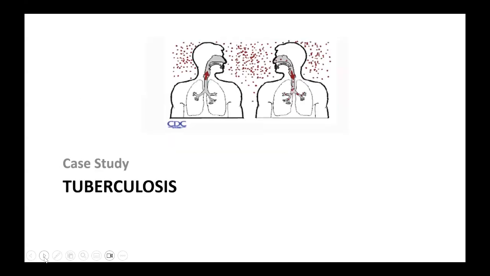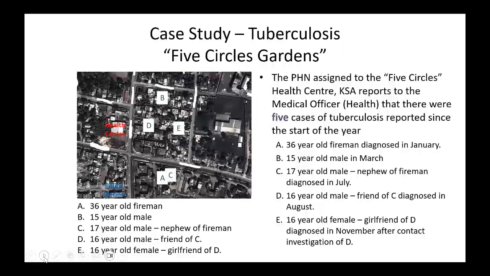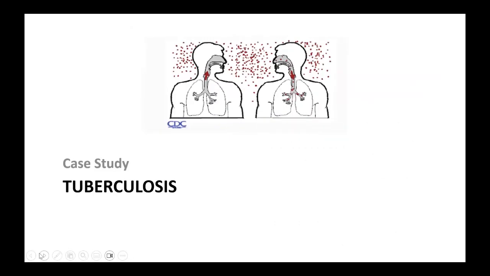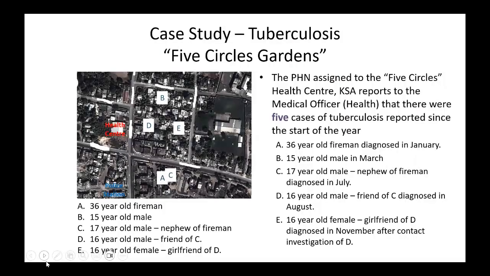So the case study is on tuberculosis. We're going to do one chronic infectious disease and one more acute infectious disease. So TB, our case study: the public health nurse assigned to 5 Circles Health Center in KSA reports to the medical officer of health that there were 5 cases of tuberculosis reported since the start of the year.